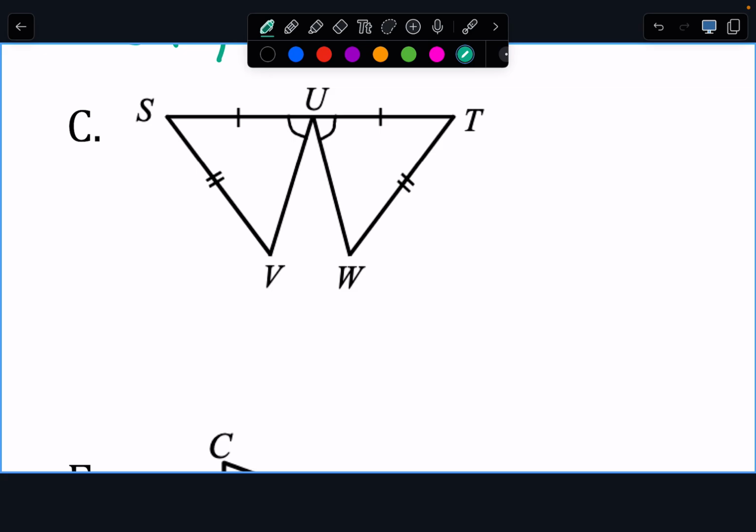Our angle is not included in between our congruent sides. So these two triangles are not congruent. It's not a right triangle, so we have side, side, angle. That's not the order we can have.